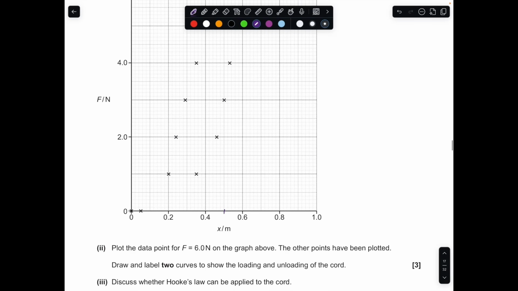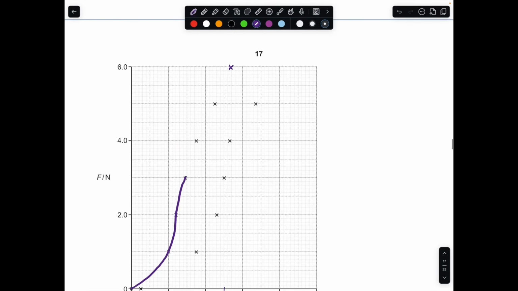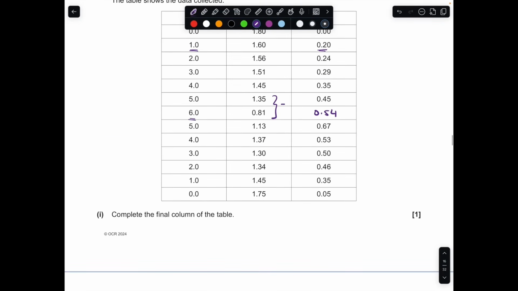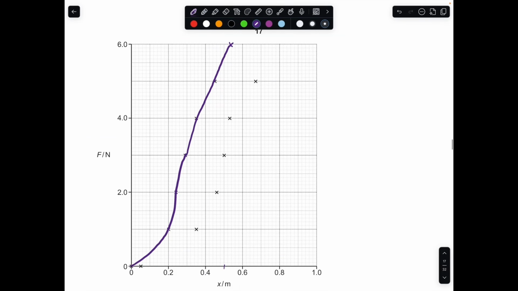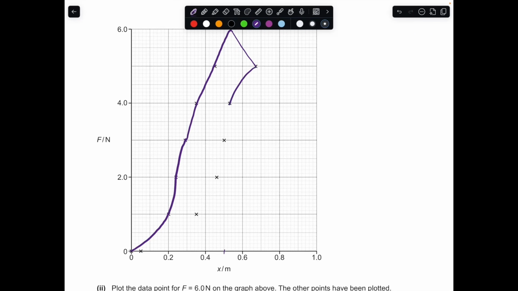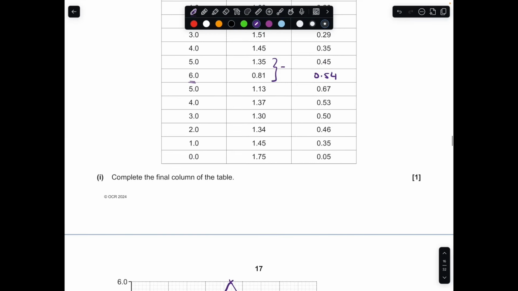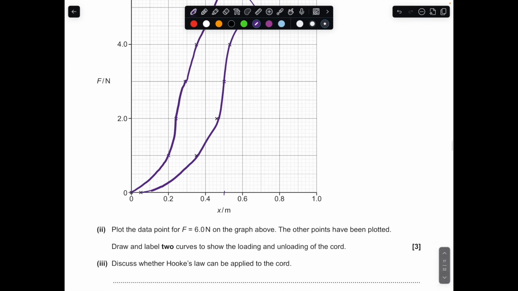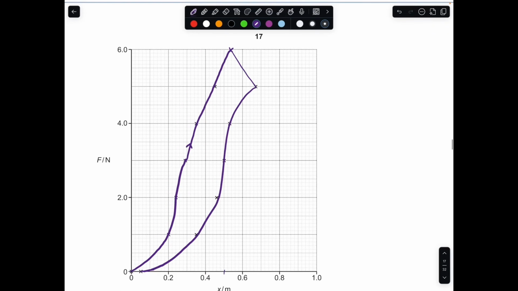So that's going to be joined, and it will keep on going until that point. We are unloading it at 6 newtons, which follows the extension, and then it will be joined further. It doesn't go back to 0 extension, so we'll stop at 0.05. That will be the loading part, and this will be the unloading part.